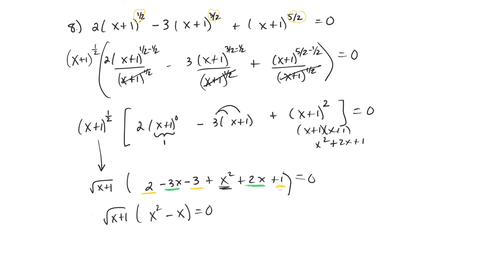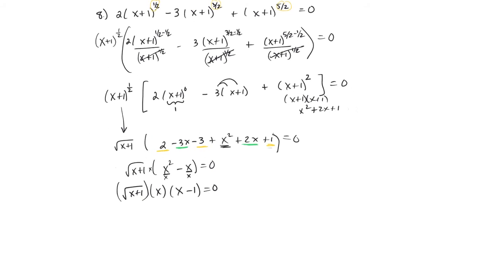Let's go ahead and factor out our x here. So I have square root of x plus 1 times the x that I factored out, and then I'm left with x minus 1. Right, out comes my x. I'm dividing everything by x. And now I get to use my zero product property.